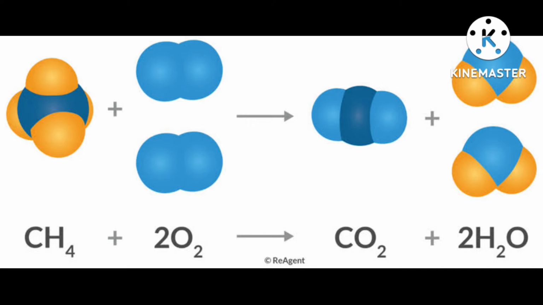Now understand the meaning of coefficient. The coefficient 2 for oxygen in the balanced equation, 2O2, and the coefficient 2 for H2O on the product side, are called stoichiometric coefficients. This is important.